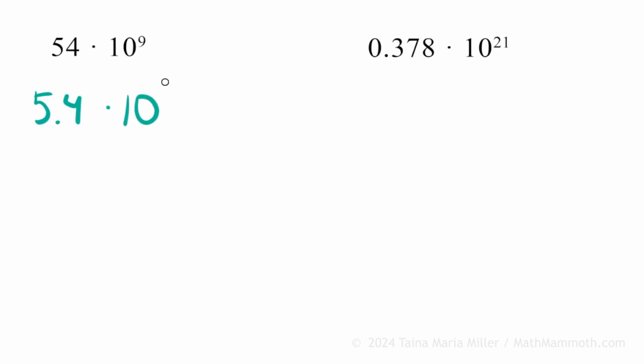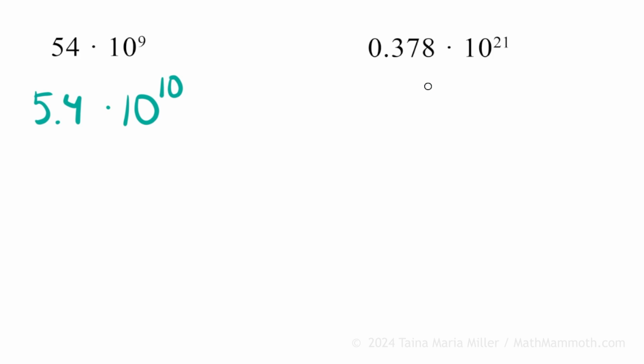Then the exponent changes, but how? This is how I think about it. Well, 54 becomes 10 times less. Okay, it's like I divide 54 by 10 to get this. So then that 10 times 10 comes here, and this 10 to the 9th is multiplied by 10 again, so it gains an exponent here and becomes 10 to the 10th.